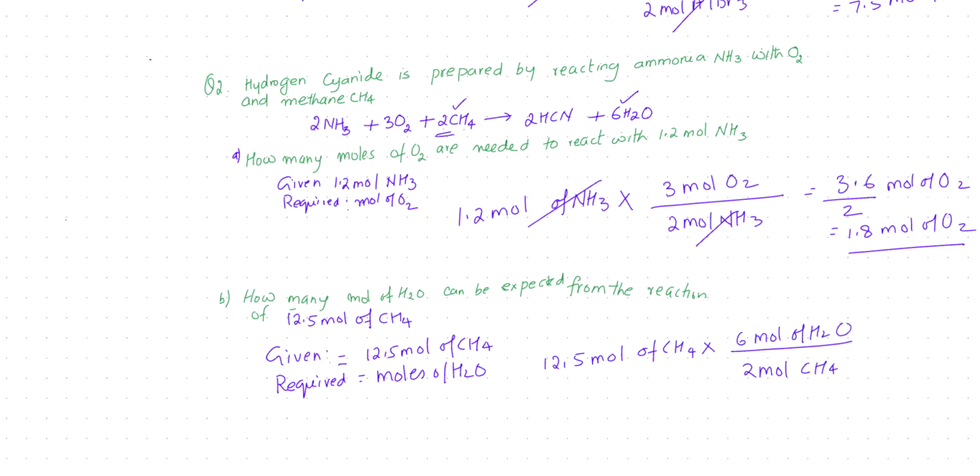Now moles of methane cancel. So 12.5 times 6 divided by 2. That comes to 37.5 moles of water. So this is the answer.